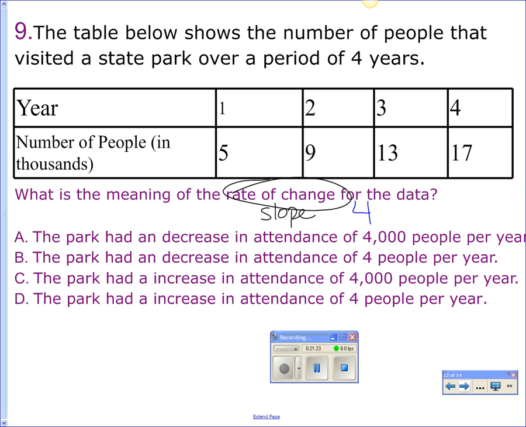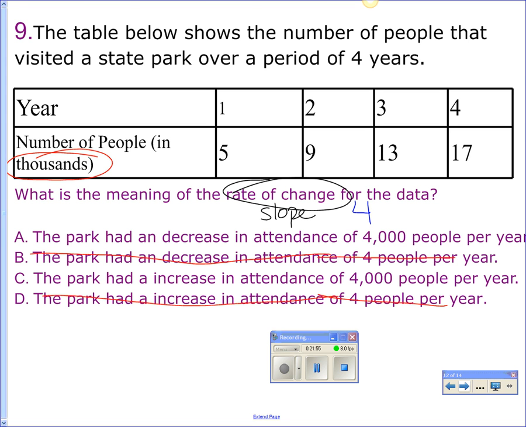What does it say right here for number of people? In thousands. Everybody circle that for me. In thousands. So it's not really 4, it's 4,000. Oh boy. All right, so let's mark out B and D. So what is the difference in A and C?